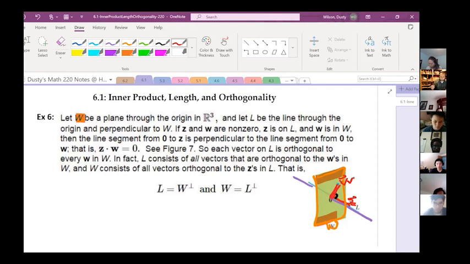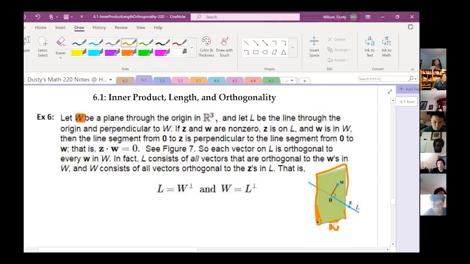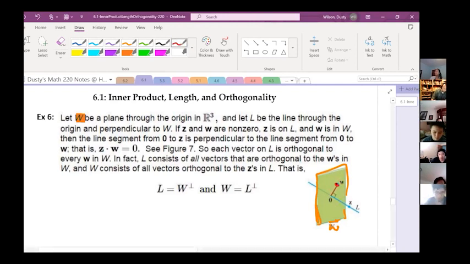So let me erase the picture so you can see it again. We have two subspaces. We have a subspace W down here that is a plane, and on that plane there's a whole bunch of points, and we'll call those points W's.